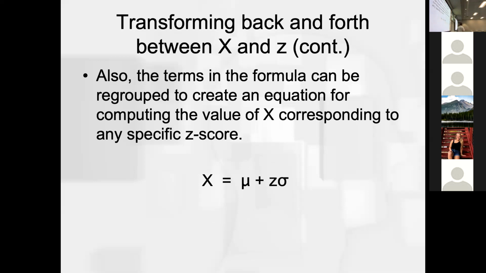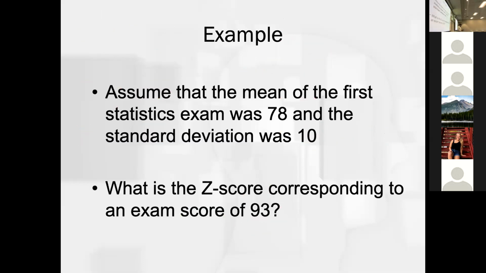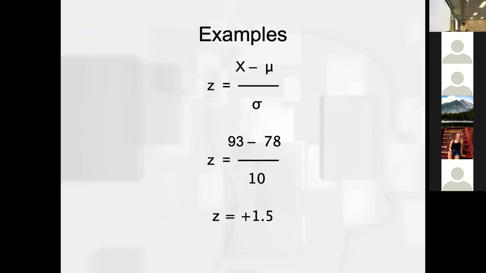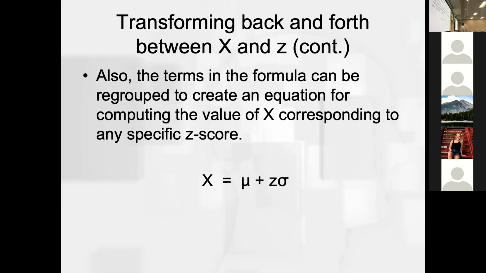So the nice thing about this is we can also give you a z-score and have you figure out what's the x value which corresponds to that z-score. Right, so if we just take our z equation from before, and we want to get the x, we add mu to both sides, and then we multiply by sigma, and that gives us this equation here.